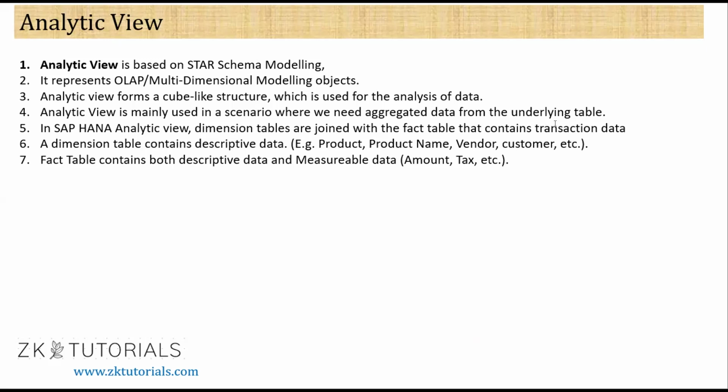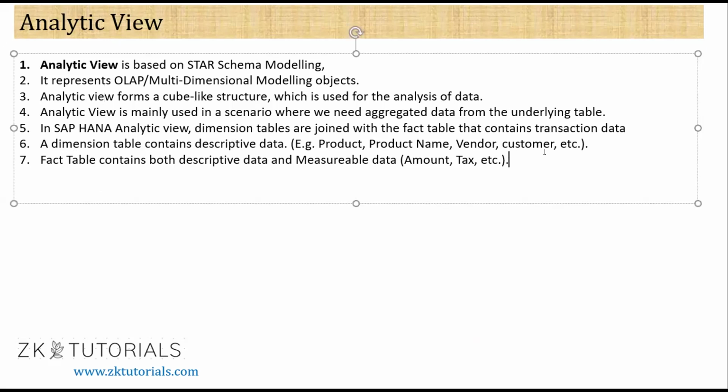A dimension table contains descriptive data, for example product name, product vendor, customer, etc. The fact table contains both descriptive data and measurable data, for example amount, tax, etc.